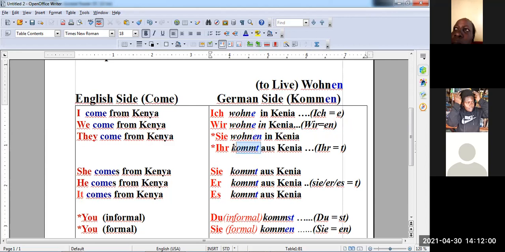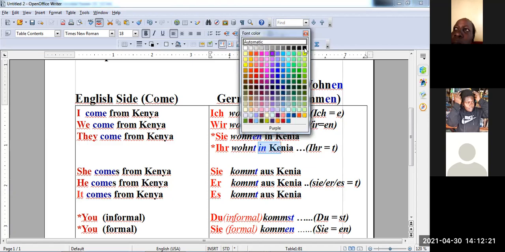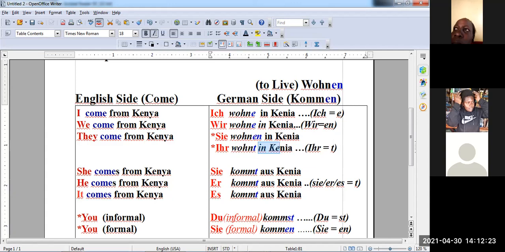Here now, you're going to remove en and put t at the end. Ihr wohnt in Kenya. Very interesting. I tell students that it even becomes boring because you're just repeating the same things. Ihr wohnt in Kenya.